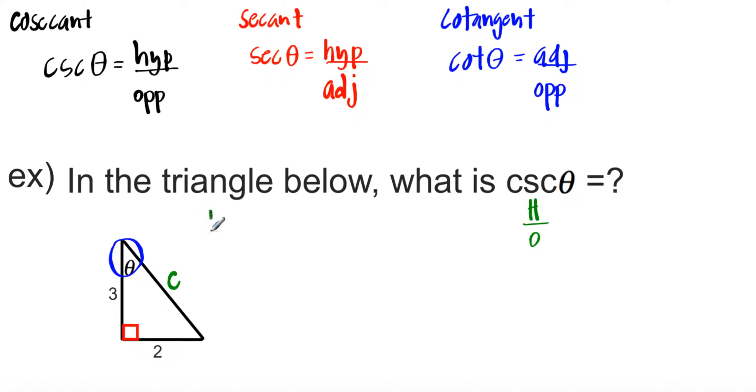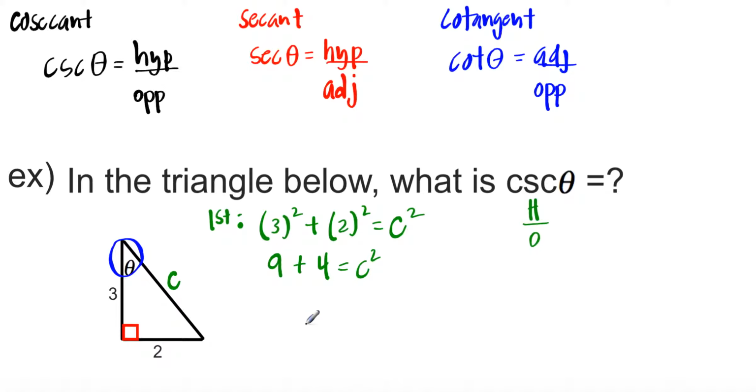So first, we're going with leg squared, 3 squared, plus leg squared, 2 squared, equals hypotenuse squared. Good old Pythagorean Theorem. 3 squared is 9, plus 2 squared is 4, is equal to c squared. 9 plus 4 is 13, is equal to c squared. Take the square root on each side.